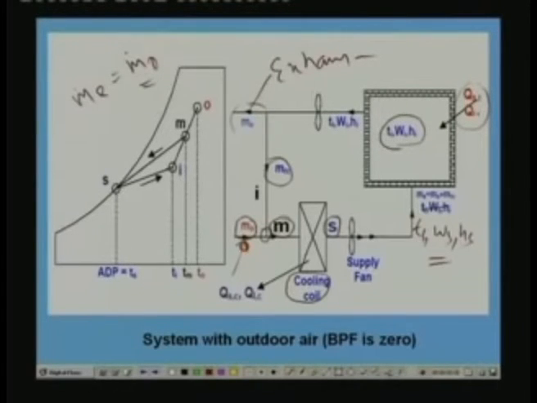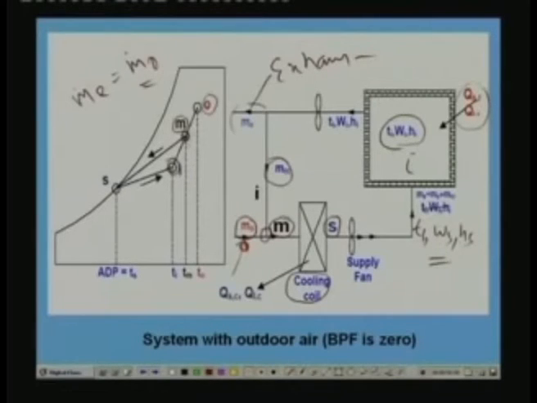Now, if you draw this process on the psychrometric chart, this condition O is that of the outdoor air. Outdoor air is much hotter and more humid, so you can see it is at this point, and point I is the condition required inside the building. At this point, the outdoor air and the inside air are mixed, and let us say the resultant mixed condition M is here, as we have discussed earlier.